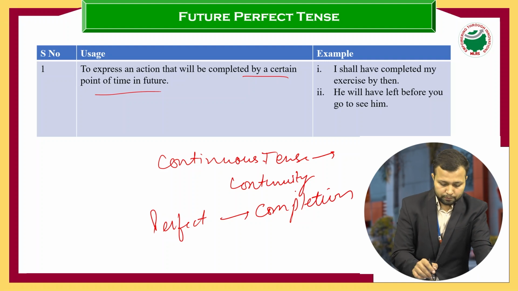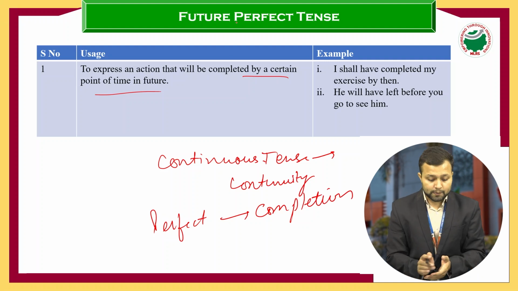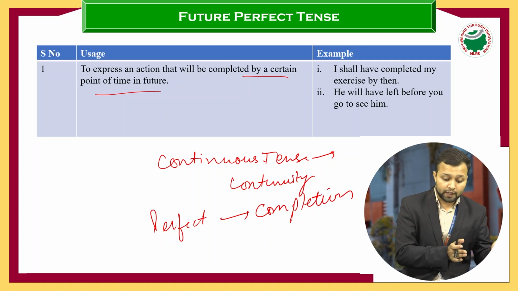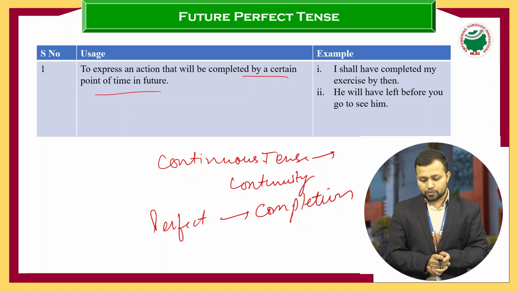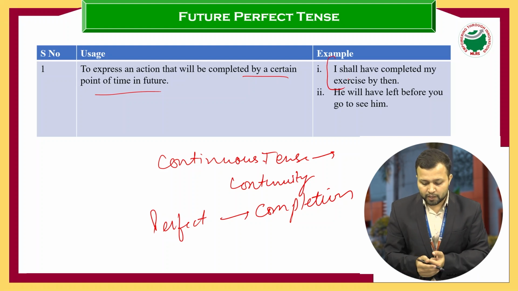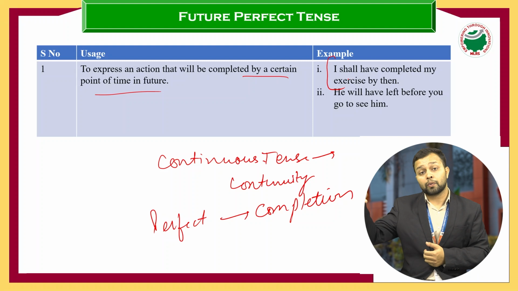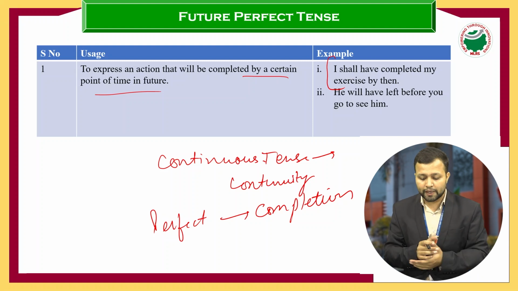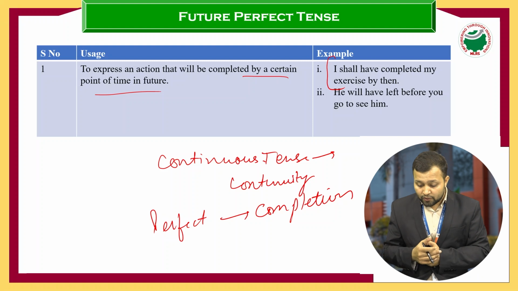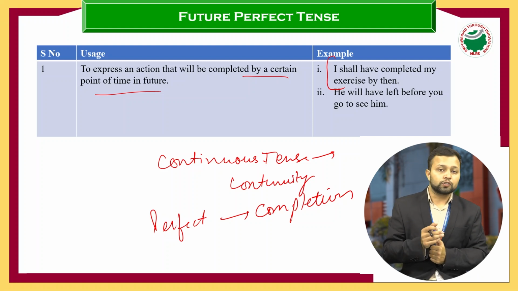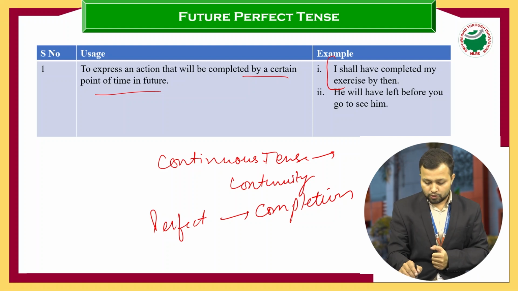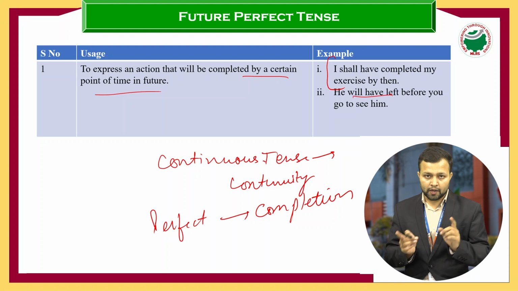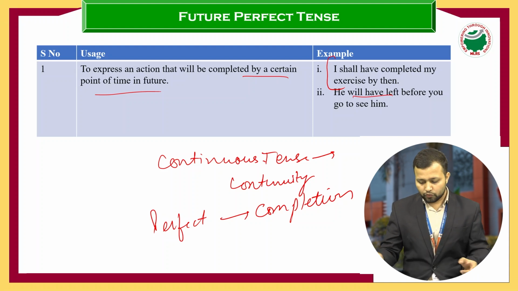Then future perfect tense is used to express an action that will be completed by a certain point of time in the future. For example, I shall have completed my exercise by then. By then means in the future. At that time in the future, I shall have completed my exercise. Next, he will have left before you go to see him. So this action will have been completed in the future.